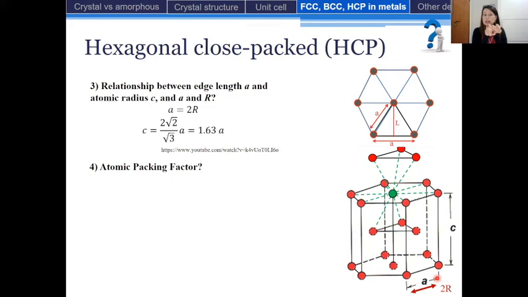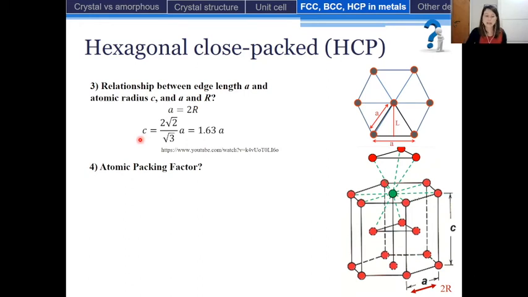So the edge length a is equal to 2 times the radius of the atom. Then, considering that the structure is highly packed, we can also calculate, if you want, there is a nice demonstration on this link, so you can understand why the relationship between c and a is c equal to 1.63 times a. Okay, so to have a close packed structure, we have such a relationship between c and a.